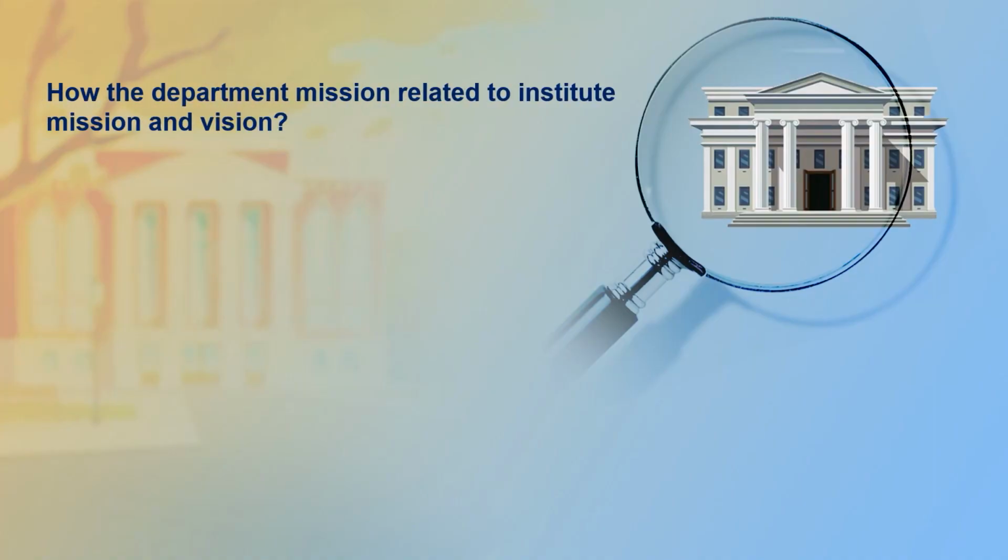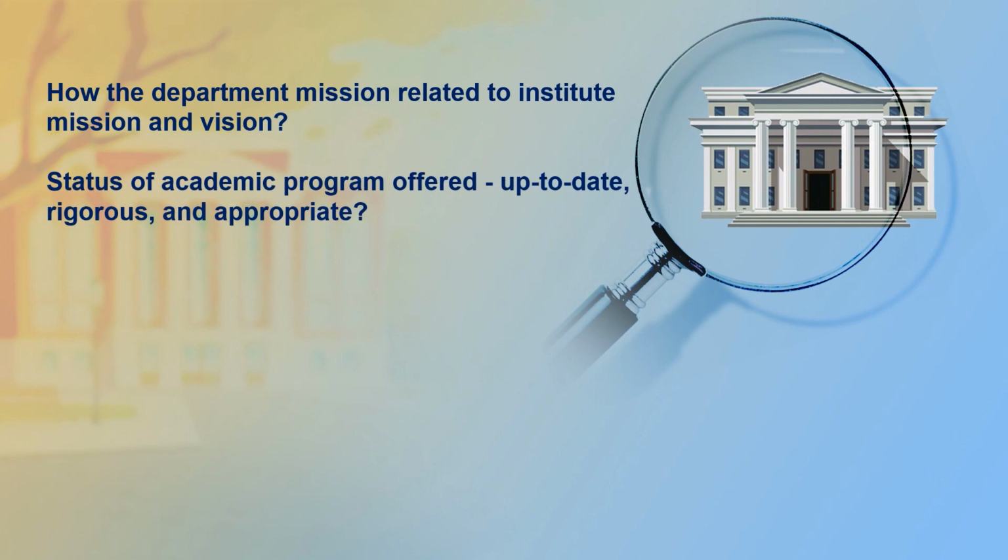It is understood that Institute Review is necessary. It gives an opportunity to reflect on the activities done by the Institute. It helps to explain any question or issues related to the academics or administration, like how the department mission is related to institute mission and vision, or whether the status of the academic program offered is up to date, rigorous and appropriate.